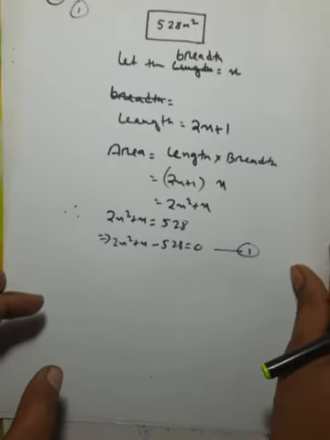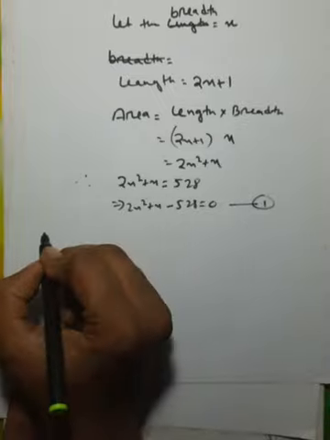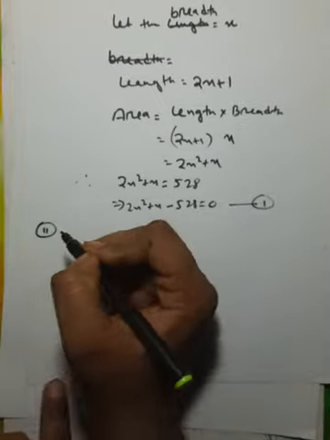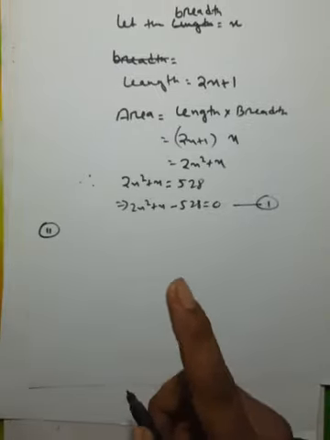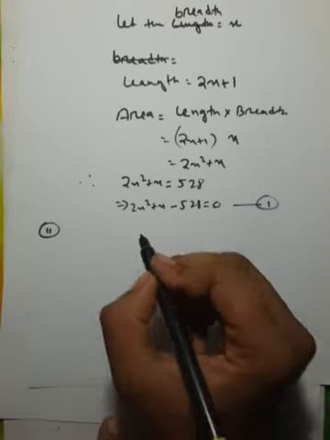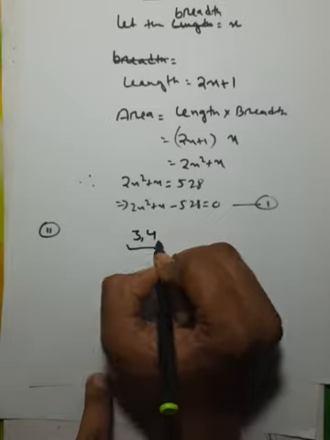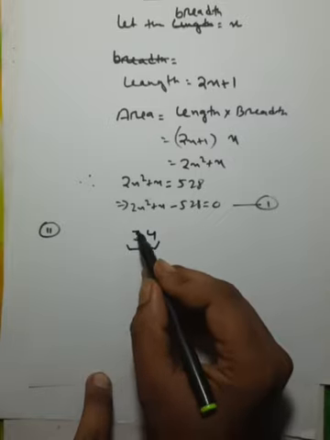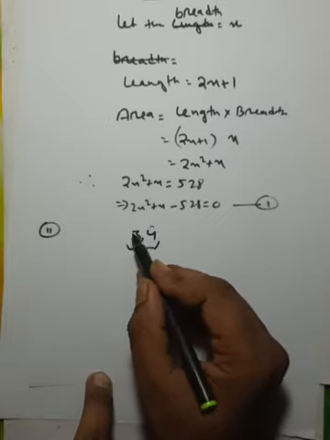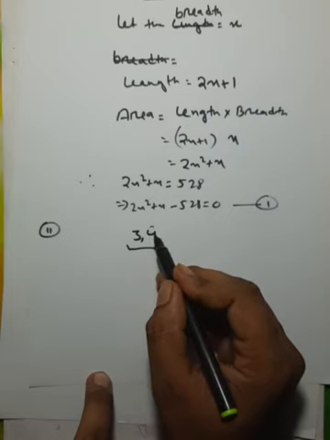So what are consecutive integers? Consecutive means we just add 1 to the previous one. Like 3, 4. These two numbers are consecutive because we can get 4 by adding 3 plus 1.